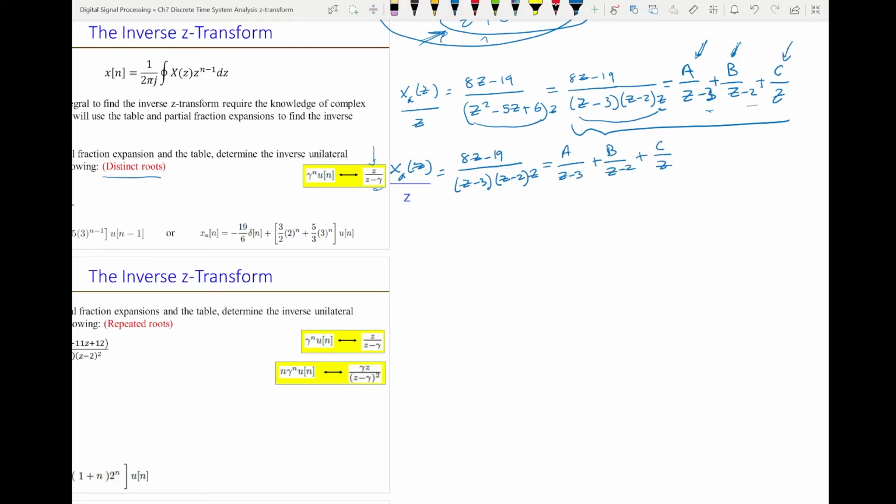Now there are many ways to find these constants A, B, and C. One way is if I multiply this side and every term here by the denominator of A and set z equal to 3, this will disappear, and only A will survive. Then I can solve for A. So let's do that.